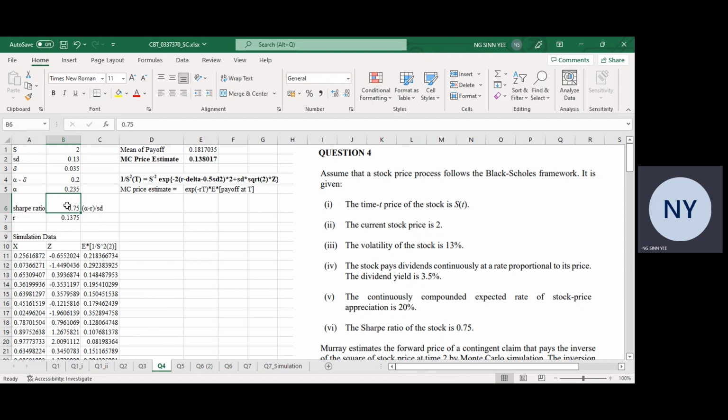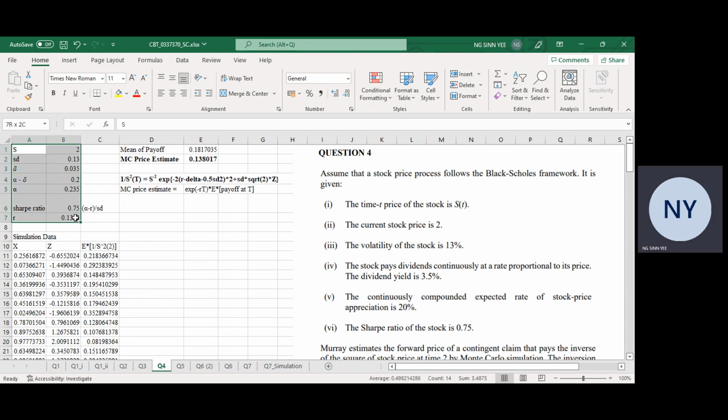For the Sharpe ratio, we are going to use the formula, which is alpha minus r divided by sigma, the standard deviation, to get the risk-free interest rate represented by r. By using some basic calculation, we would get the risk-free interest rate is 0.1375, which is 13.75%.